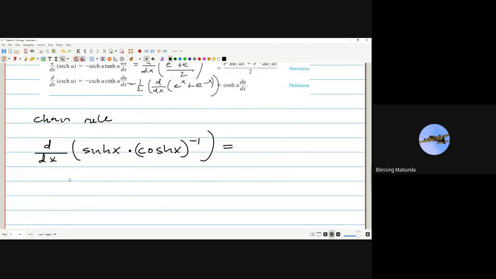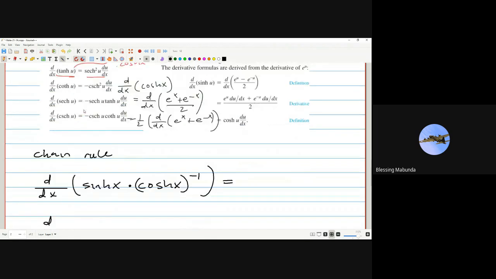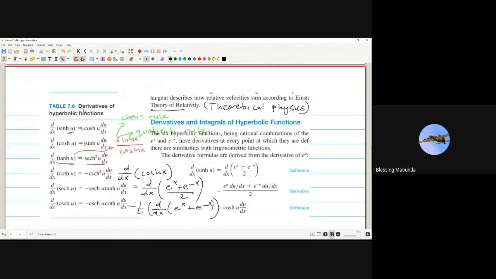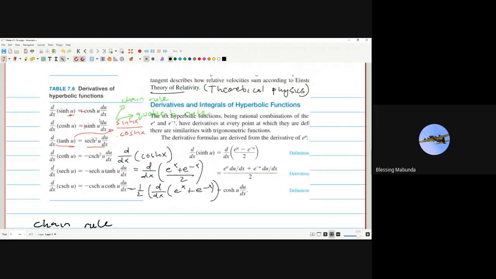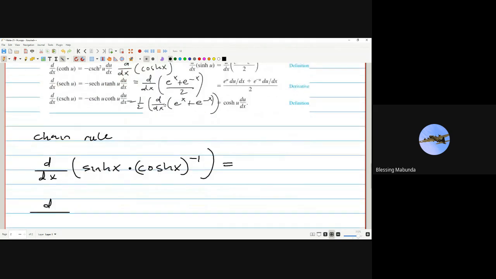And this is d dx. So you're going to apply your chain rule, like I said. It's sinh. Okay, so it's going to be a combination of chain rule plus product rule.